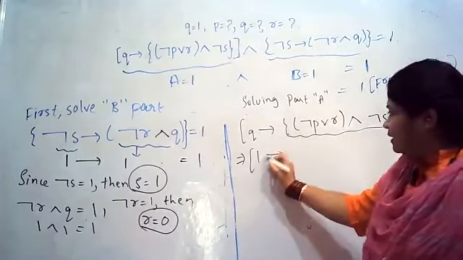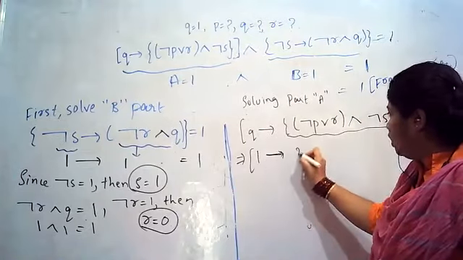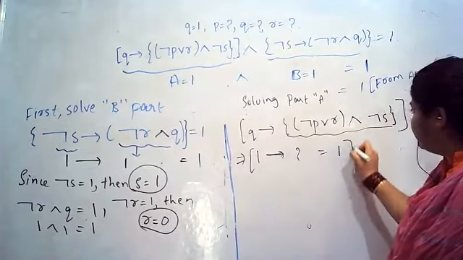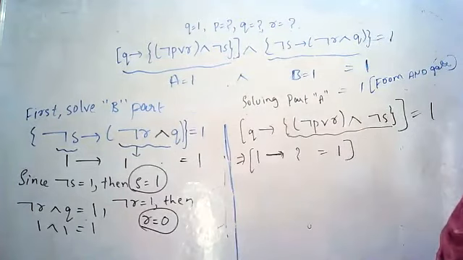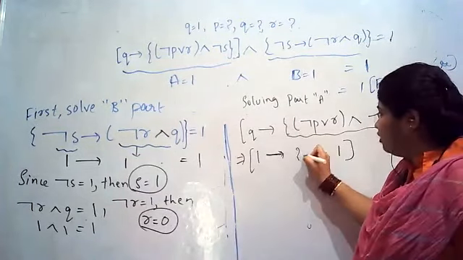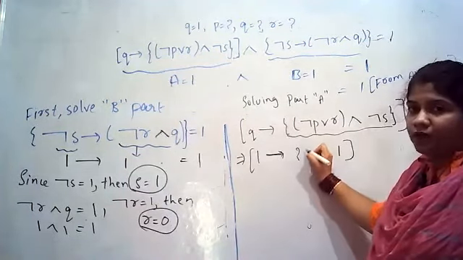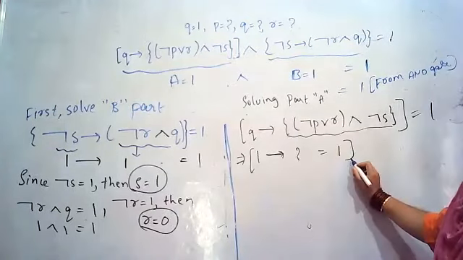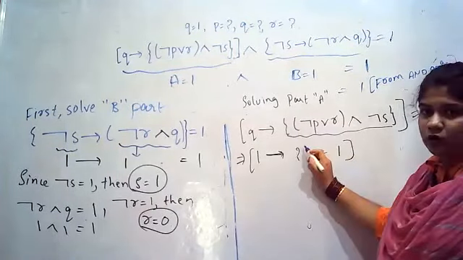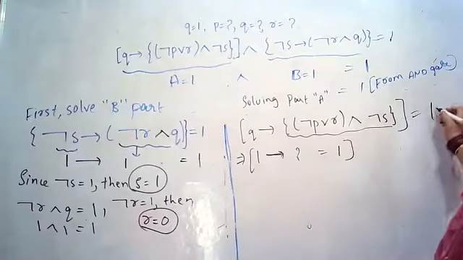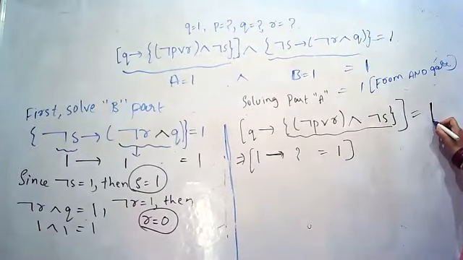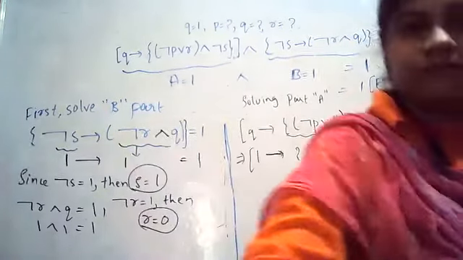So this condition should be equal to 1. Definitely it should be 1, because if I put 0 here, the result will be 0. But here I have got the result as 1. Let me check.